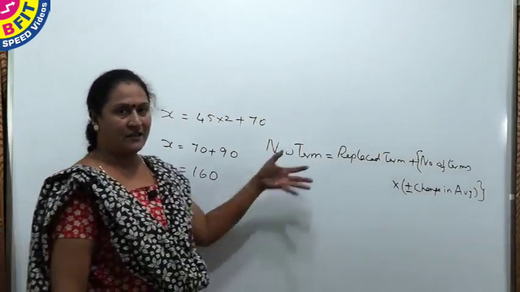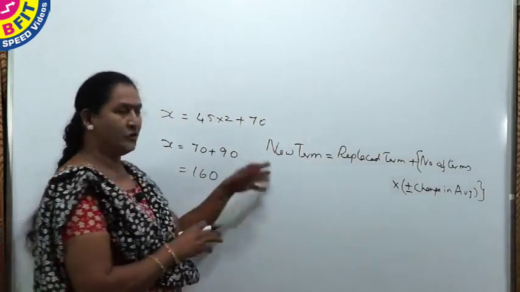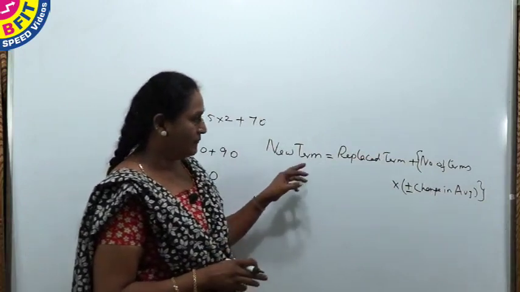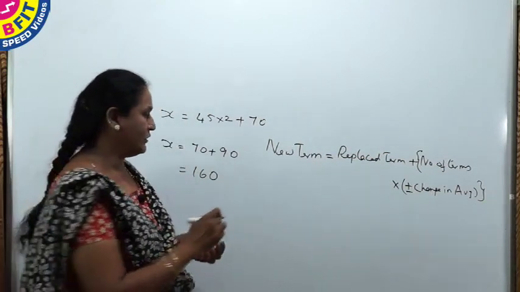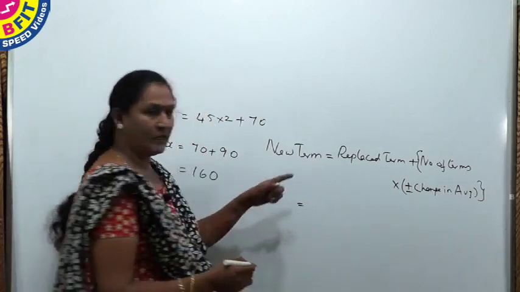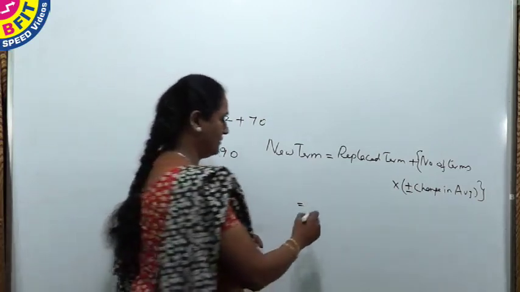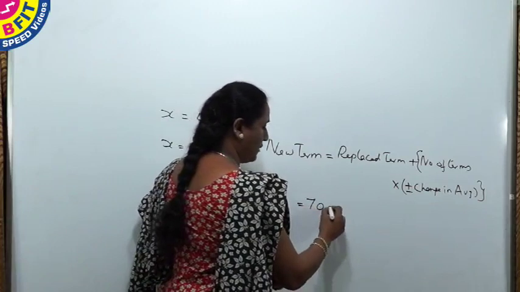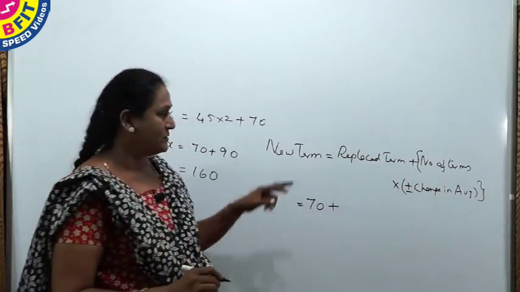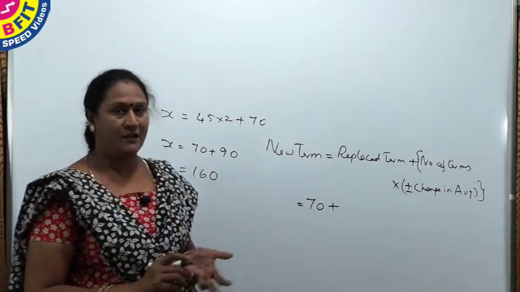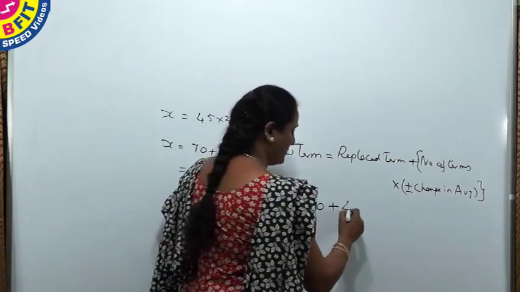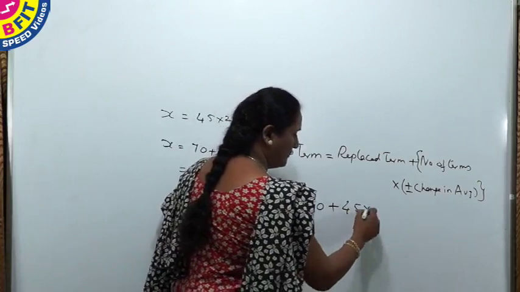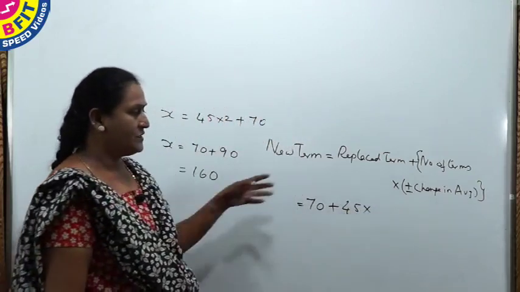Now by applying this shortcut, we can find the new term easily by substituting the corresponding values. Here the replace term is 70, and always here it is plus. The number of terms was earlier 45, and as you have replaced it, it remains the same, which is again 45, into the change in average.